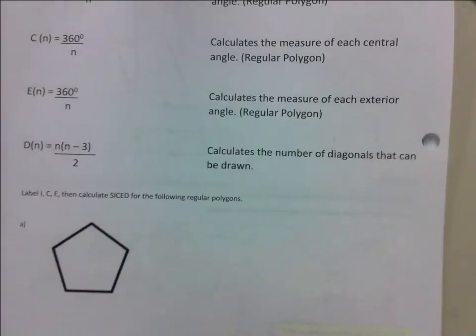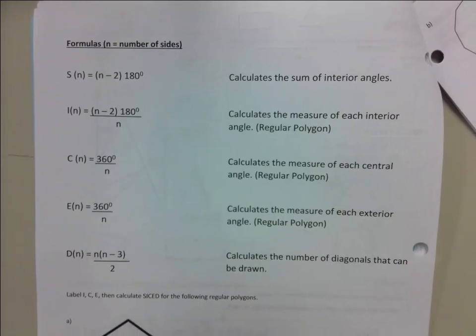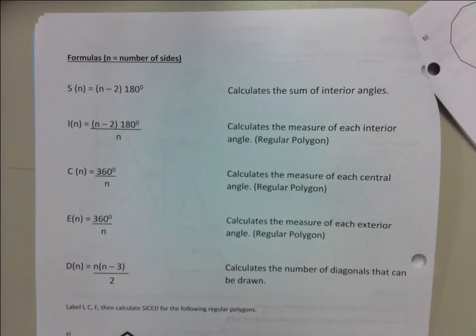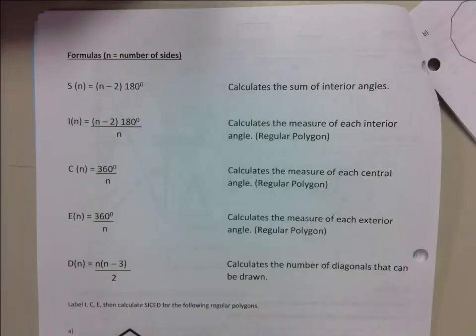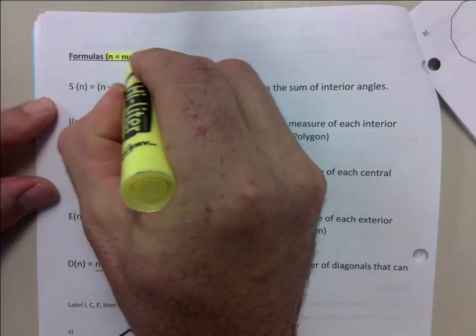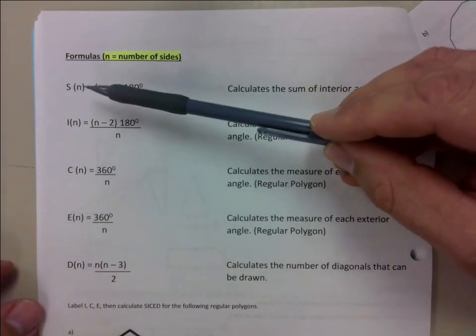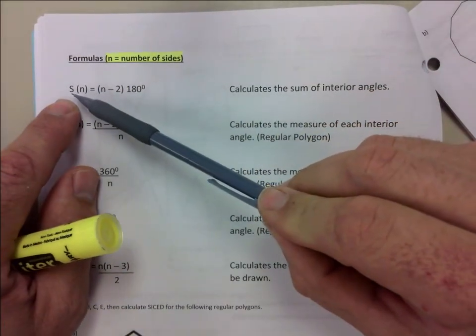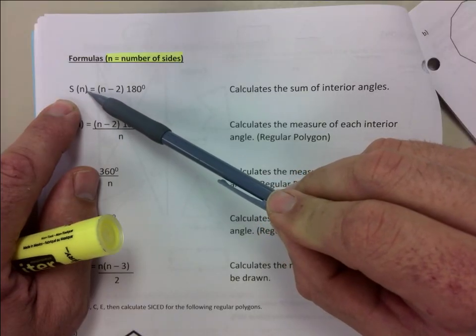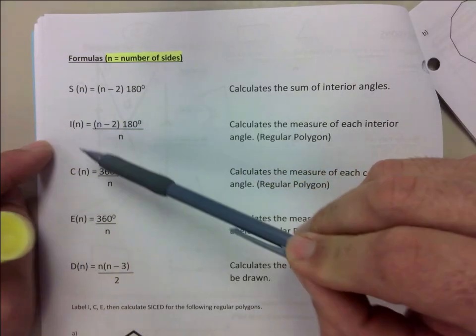Here are the formulas that I want you to have. And for this particular unit, guys, if you see the letter N, N stands for the number of sides, okay? So that's important. All of these formulas, the notation is a little weird, but don't worry so much about the N here.